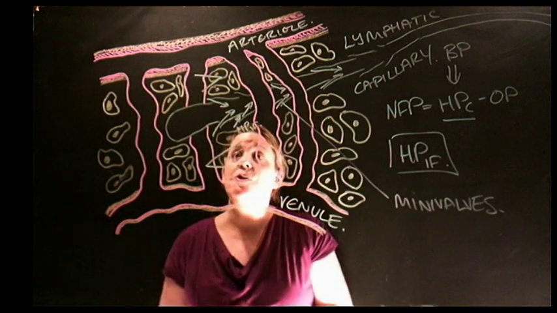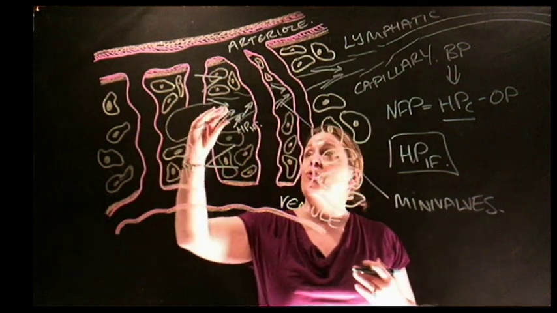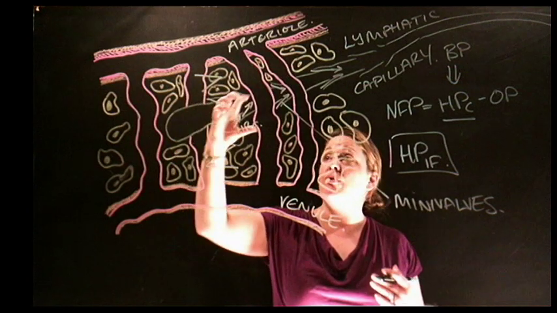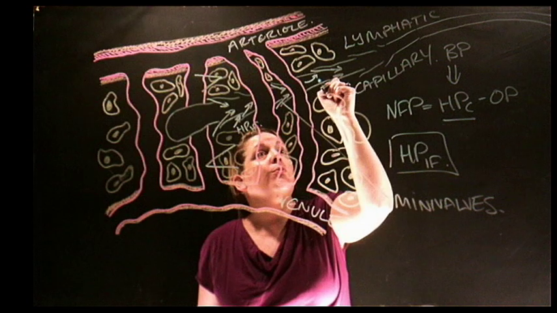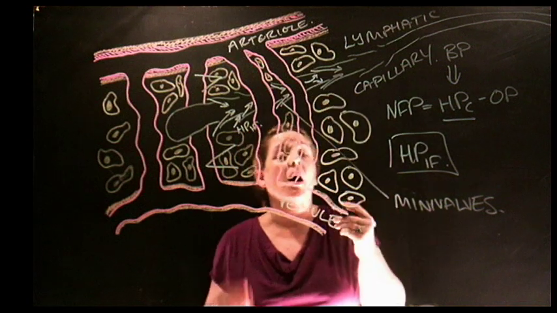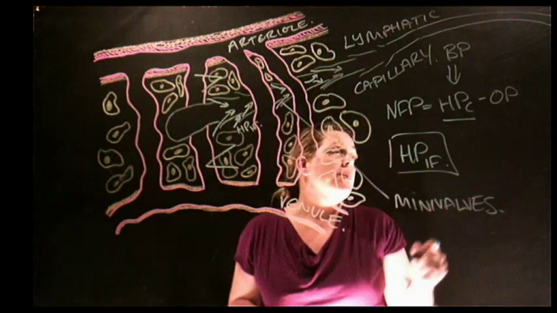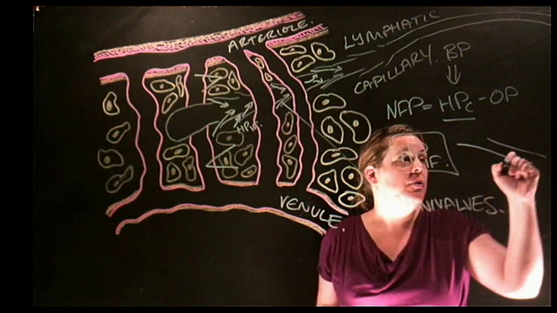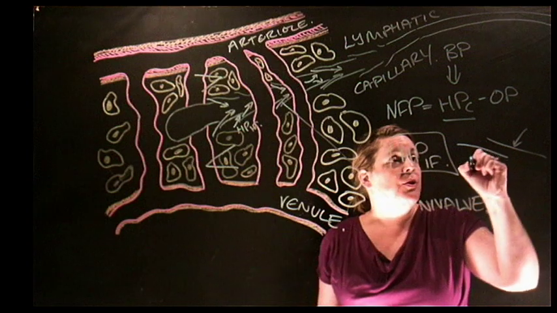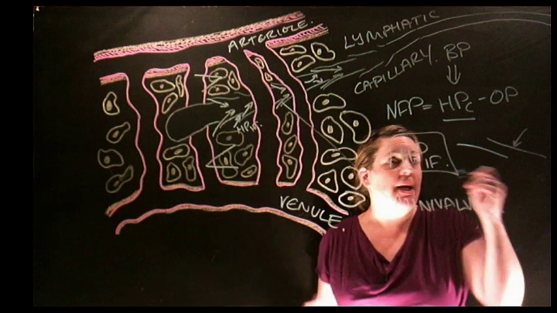Now, as they do so, as you increase how much fluid is in there, as fluid passes by, it will be exerting a pressure on the underside of the valve. So if you imagine that we have a proximal end and a distal end.